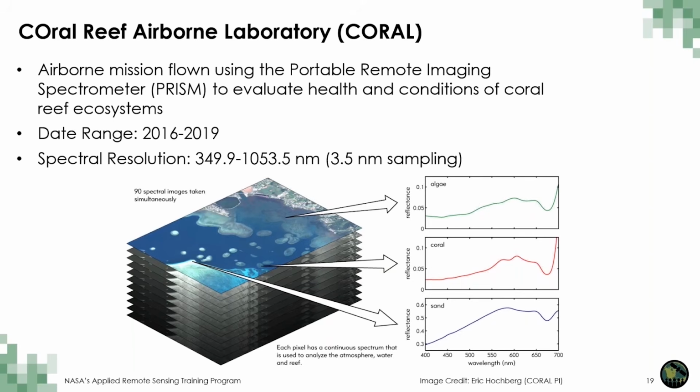Now, for each reef, the spectral image data were processed to provide reef condition described by measurable quantities of benthic cover of coral, algae, and sand. And then they used additional algorithms to calculate primary productivity and calcification.